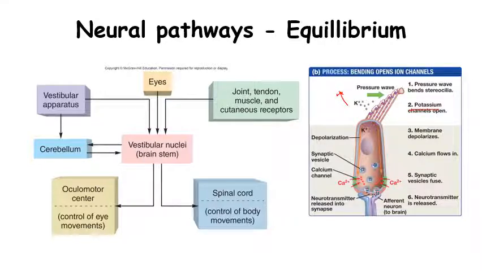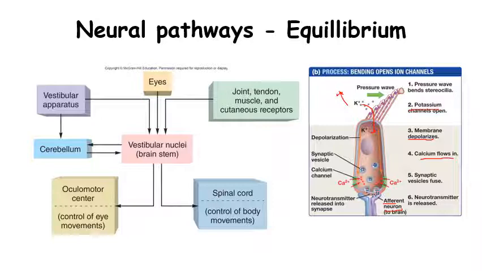And in this case, because potassium channels are open, potassium rushes in and we get depolarization. And just like a neuron, remember this is modified epithelial, but it's going to signal similar to a neuron. Depolarization causes calcium to flow in, and then the vesicles fuse and we get neurotransmitter released to the afferent or the sensory neuron. That brings that information up to the brain.